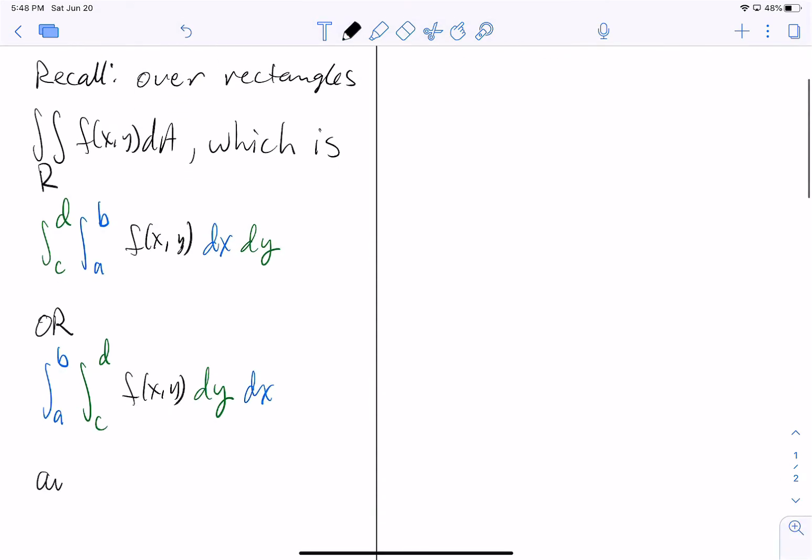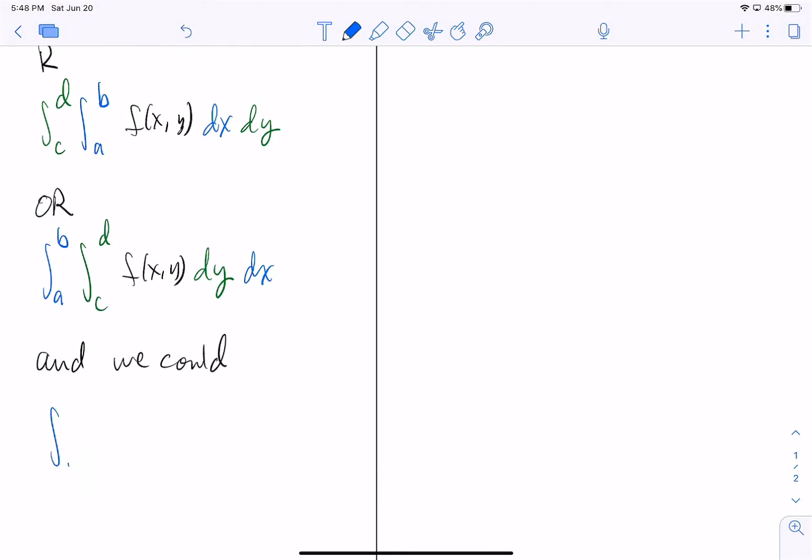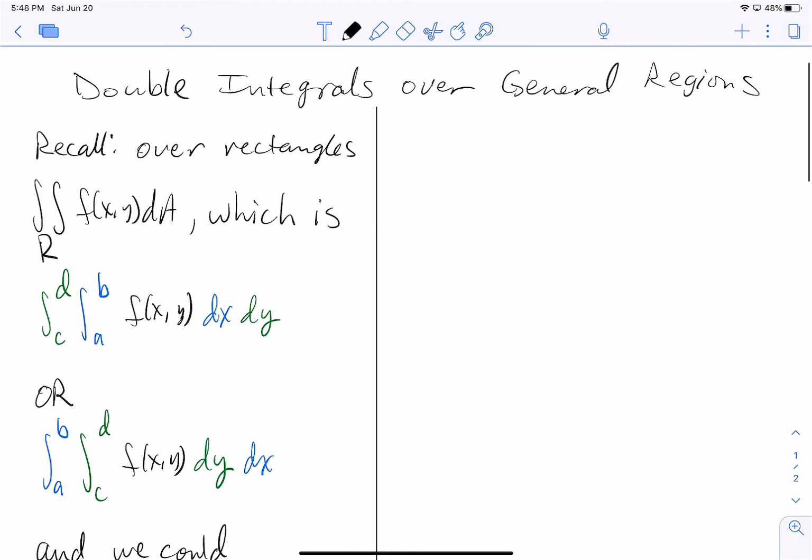And in these cases, we could sometimes express the integral as a product of the integral from a to b of g of x dx and the integral from c to d of h of y dy. Now we have a subtle notational change that leads to a pretty big change.